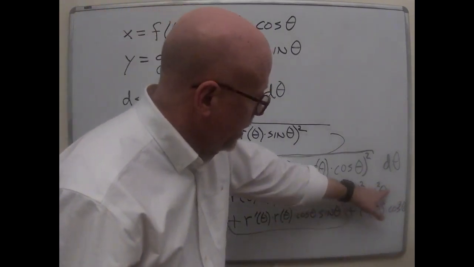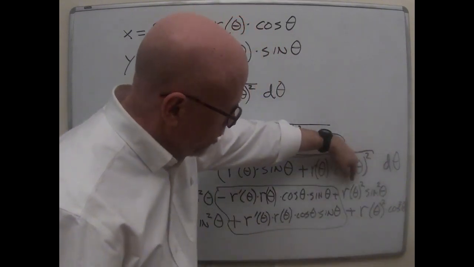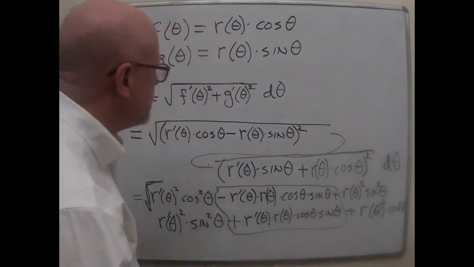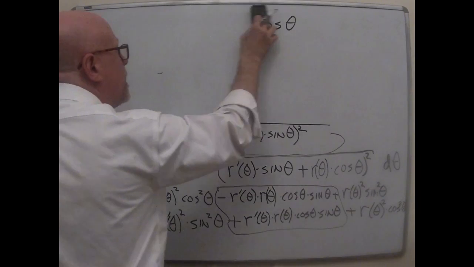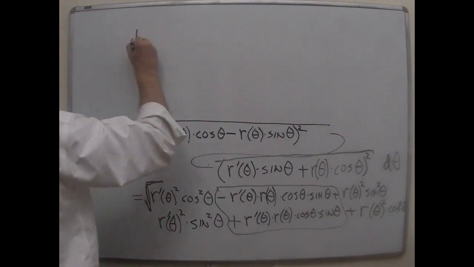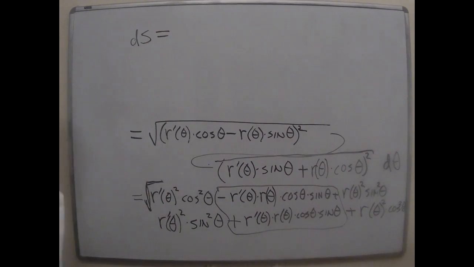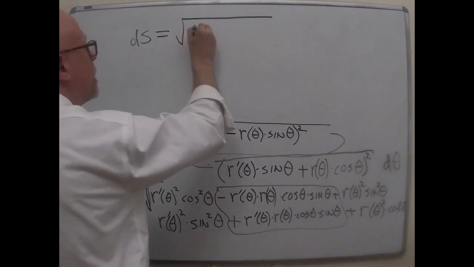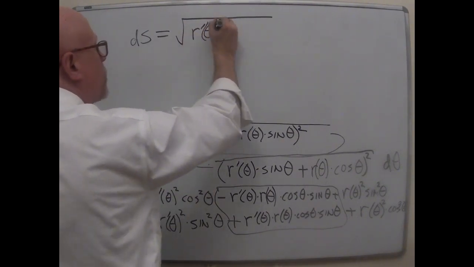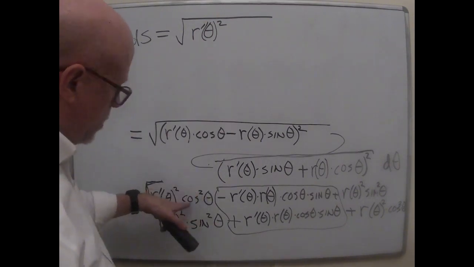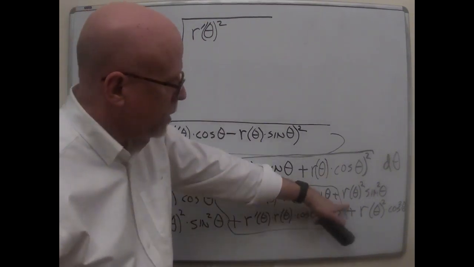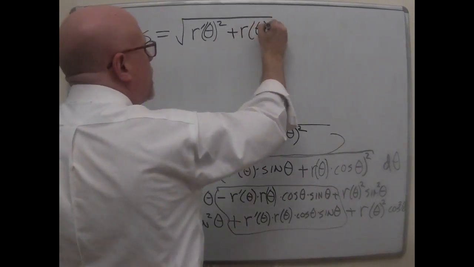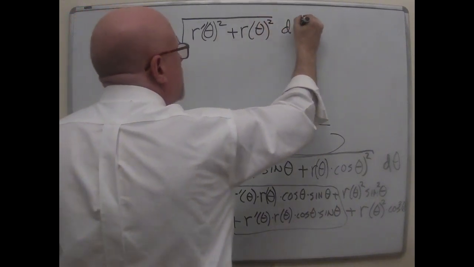So this whole piece becomes just r prime squared. And the same thing happens down here. You get a sine squared and a cos squared, which you can factor the r of theta squared out of. Look how much simplification we get out of that. Our differential arc length now is the square root of r prime of theta squared, because those became 1, and then these all canceled, and that became r of theta squared, d theta.